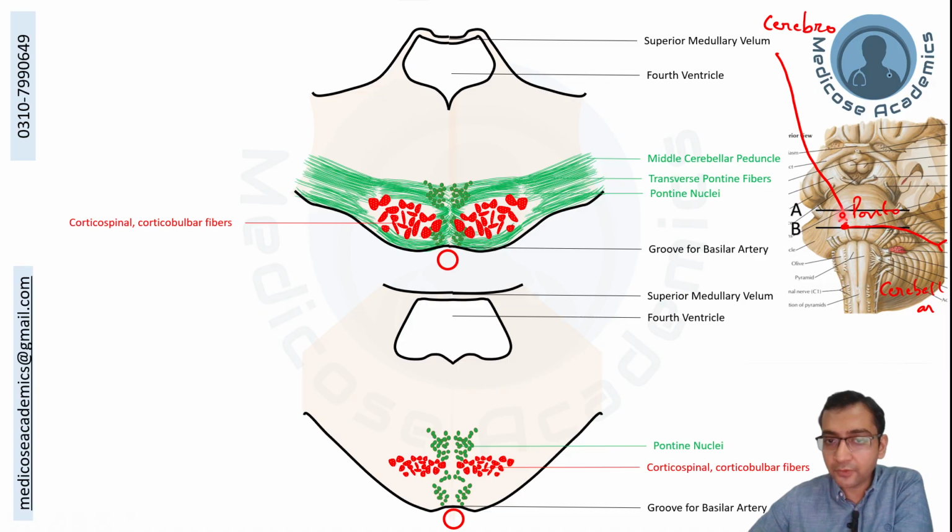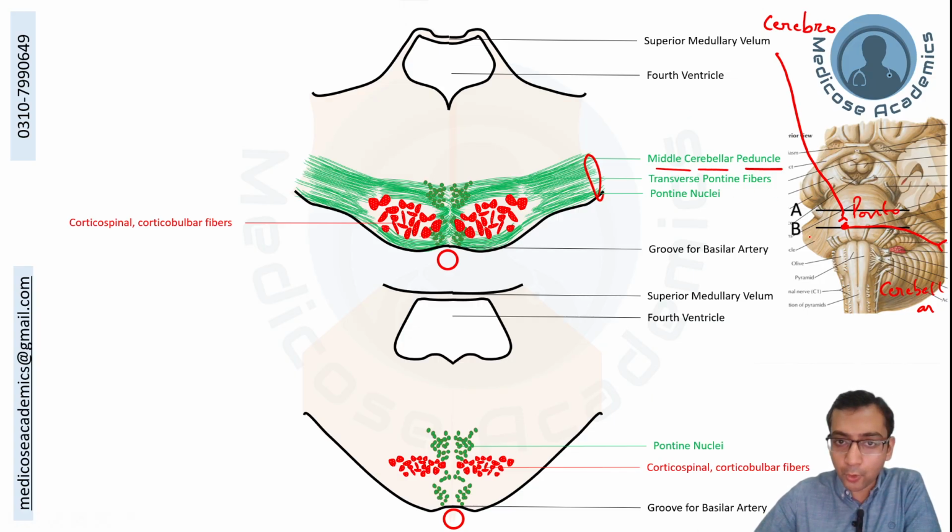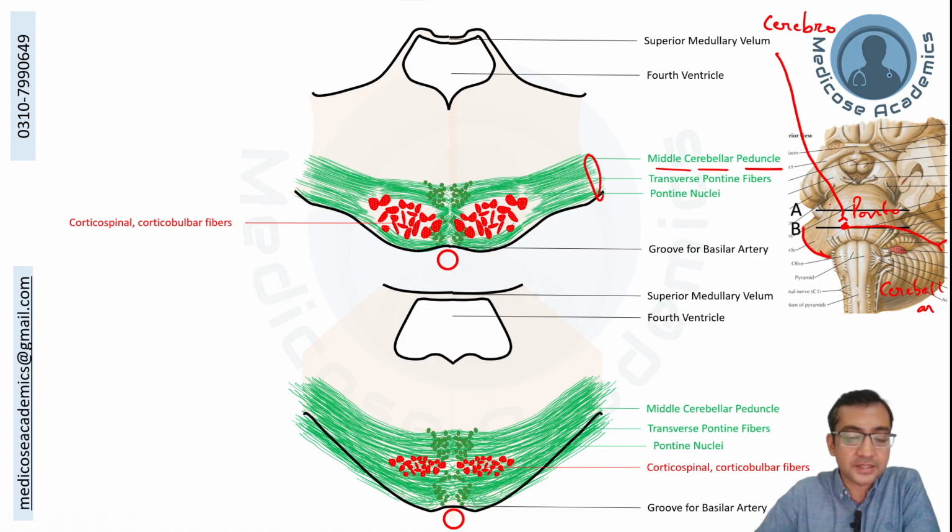And the part where all of this bundle joins with the cerebellum is called the middle cerebellar peduncle. So through this, the pons is communicating with the cerebellum. So you can draw the same pontine fibers on the opposite side too.